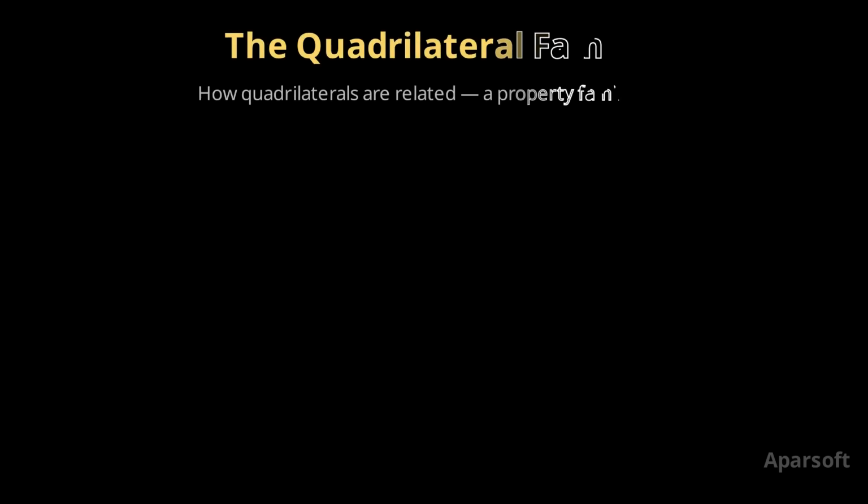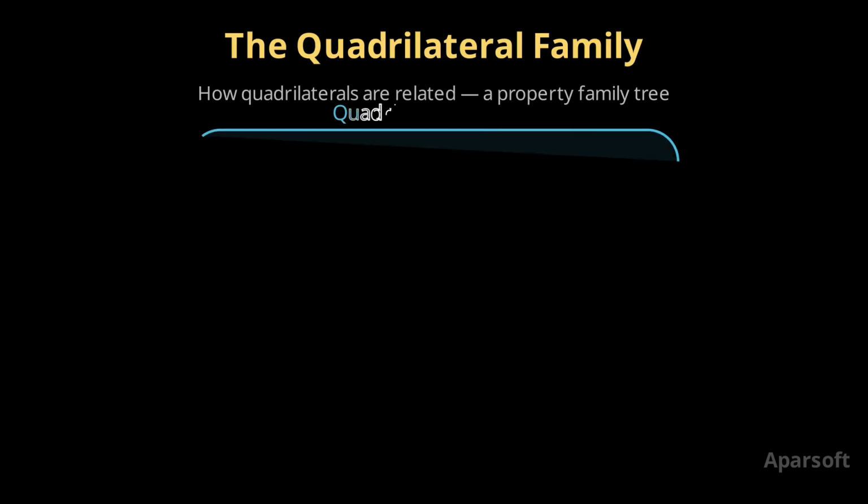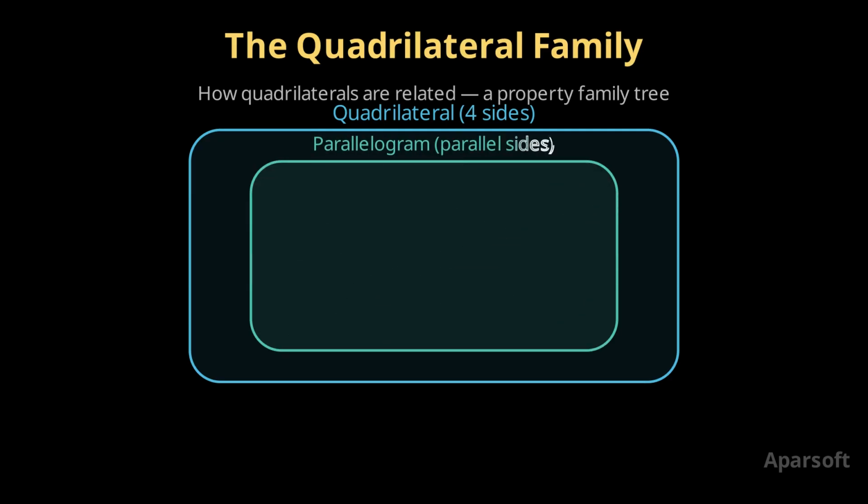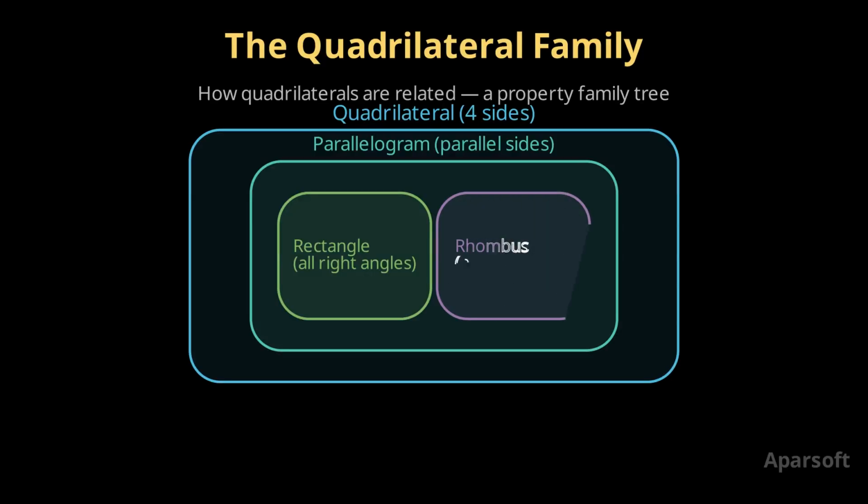Let us explore the quadrilateral family tree. This is not about drawing shapes. It is about how they are related by their properties. At the top is any shape with 4 sides, a quadrilateral. Inside that family is the parallelogram, where opposite sides are parallel. Inside the parallelogram family are 2 branches, rectangles, which have all right angles, and rhombuses, which have all equal sides.